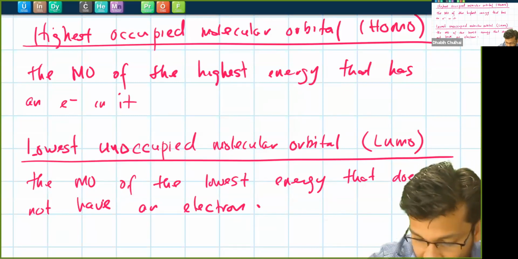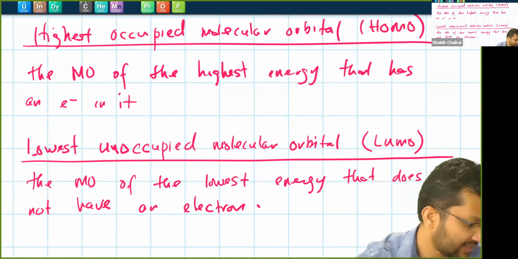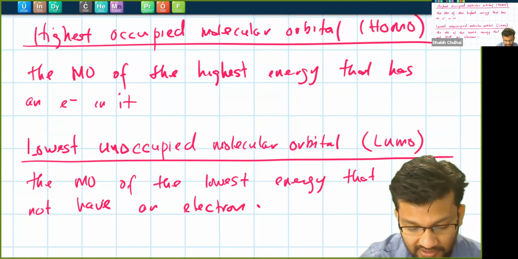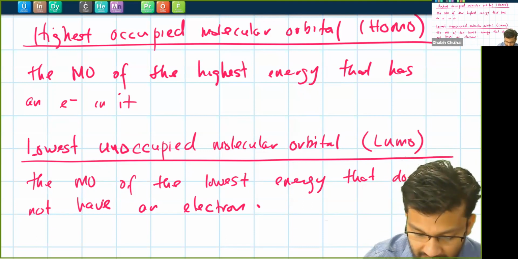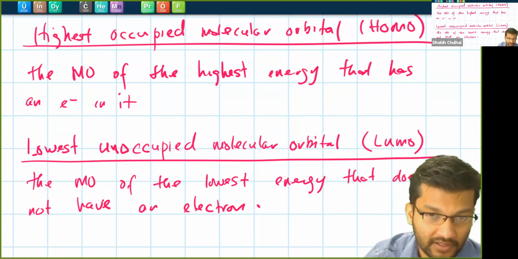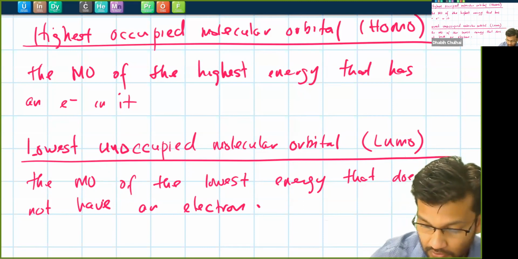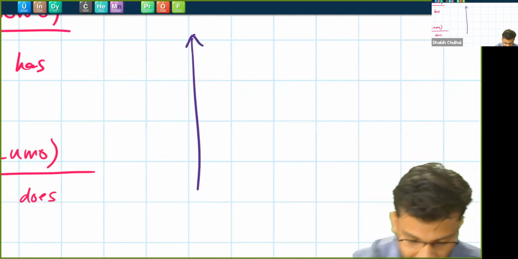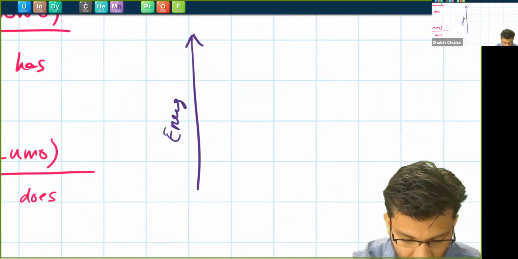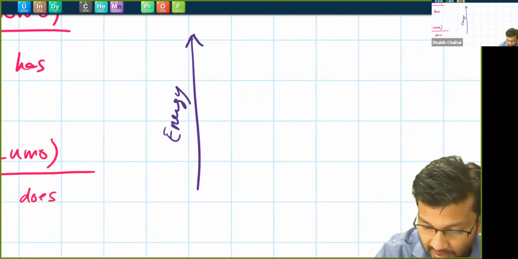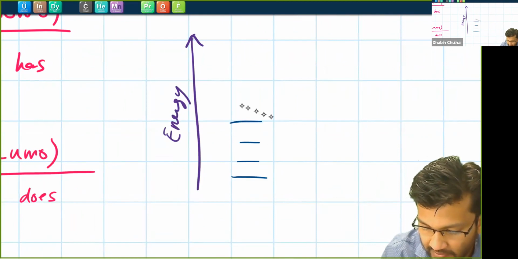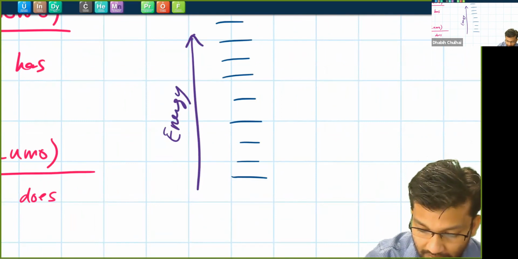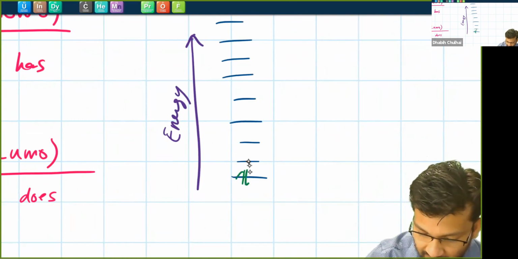All right, so we're talking about atomic orbitals, molecular orbitals, and how there's some highest energy orbitals with electrons in it. That's the HOMO. And then there's some lowest energy orbital without electrons in it, and that's the LUMO. But graphically, let me show you what this is. So let's say we're going to draw energy on the y-axis like this. And these little lines are going to represent different molecular orbitals. And let's say some of these will have electrons in them.